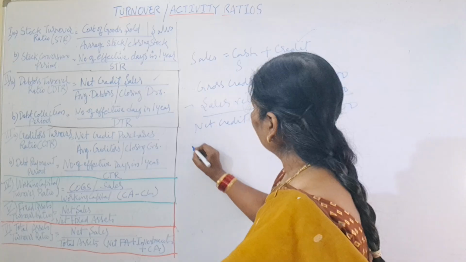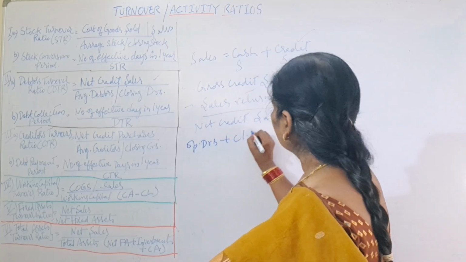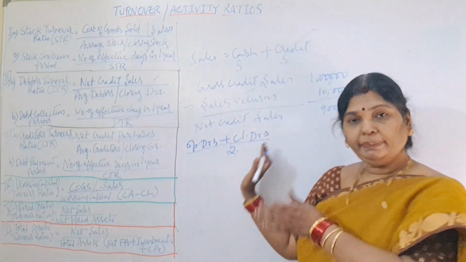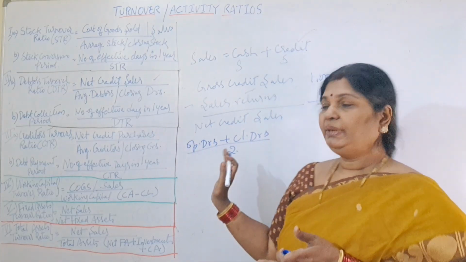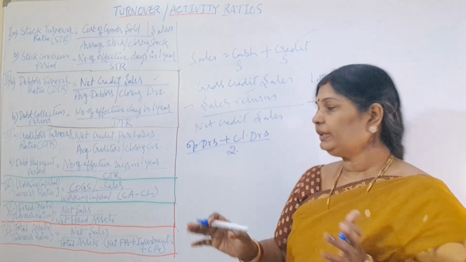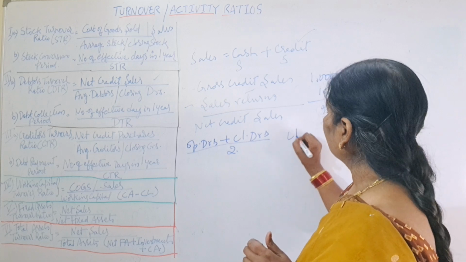See, average debtors means how you will get opening debtors plus closing debtors divided by 2. If this information is not available, means if you are not having opening debtors information with you, then instead of average debtors, you just take closing debtors.